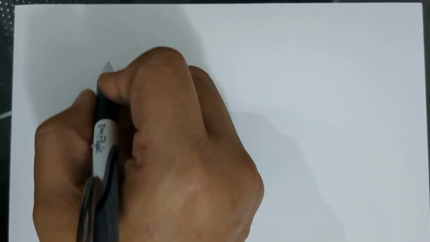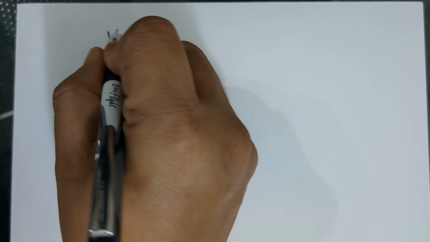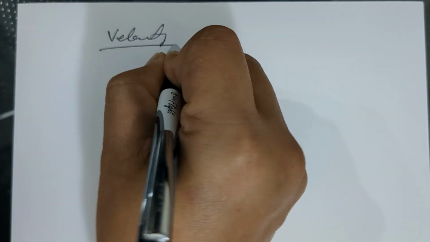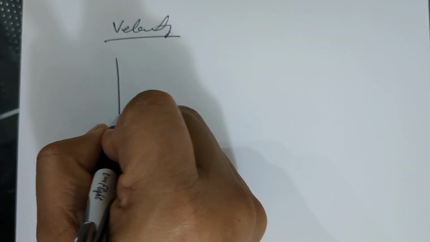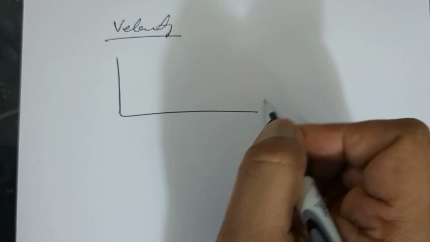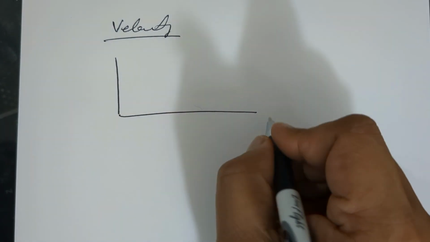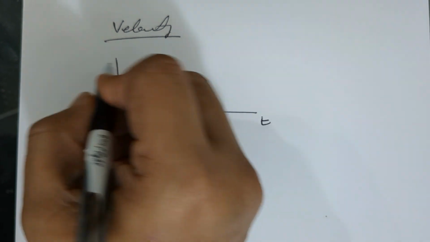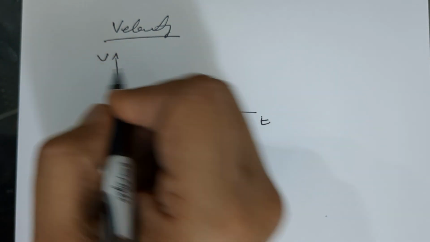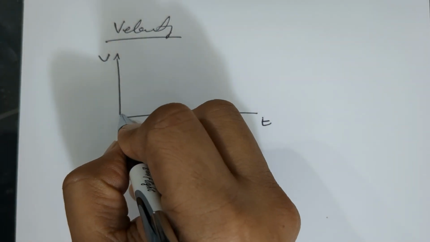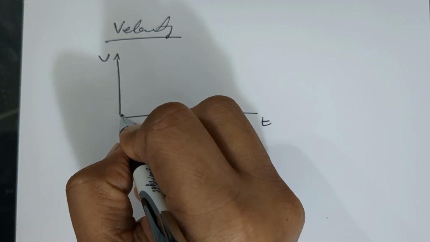So let's look at the velocity curve here. Let's try to understand what this is saying. So this is T, and this is V, velocity. Now let's start from the origin.